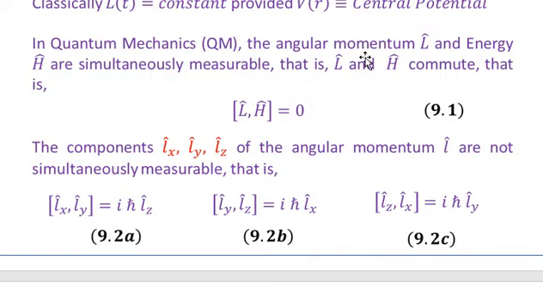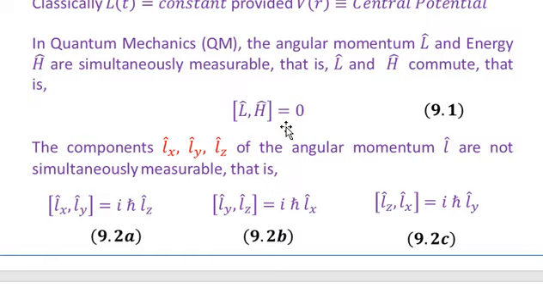So in quantum mechanics, the angular momentum L and the energy H are simultaneously measurable. That is, L and H commute. That is, the commutator of L and H is equal to 0. When we say that the commutator of L and H is equal to 0, it means that L times H is equal to H times L. If you expand this commutator, you write it as L into H minus H into L, that is equal to 0.